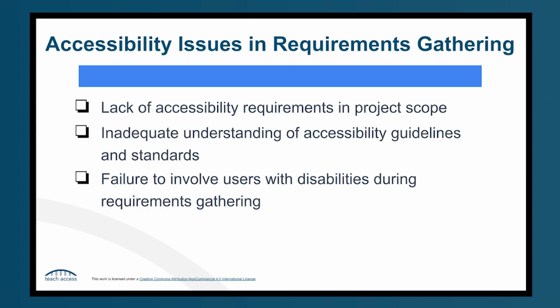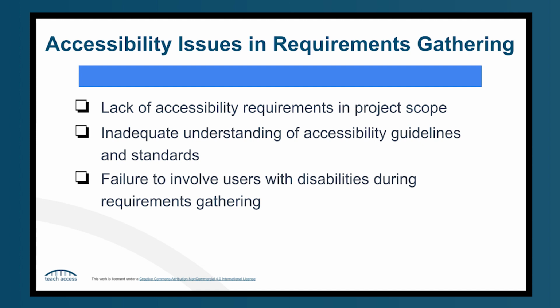Accessibility issues arise when there is a lack of accessibility requirements in project scope, an inadequate understanding of accessibility guidelines and standards, such as the W3C's Web Content Accessibility Guidelines or the Section 508 standard by stakeholders, or failure to involve users with disabilities during requirements gathering.